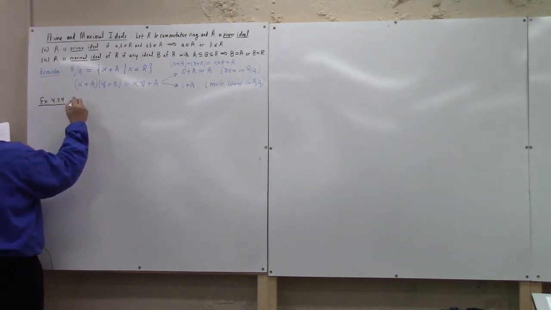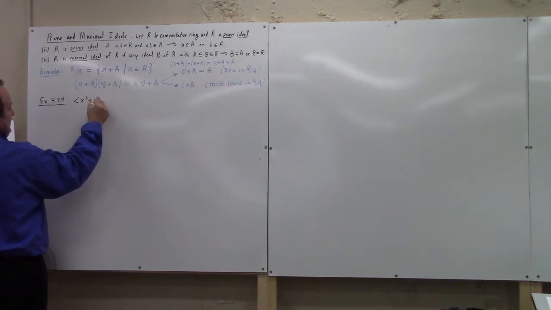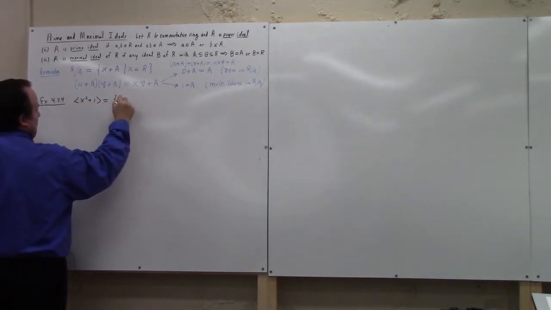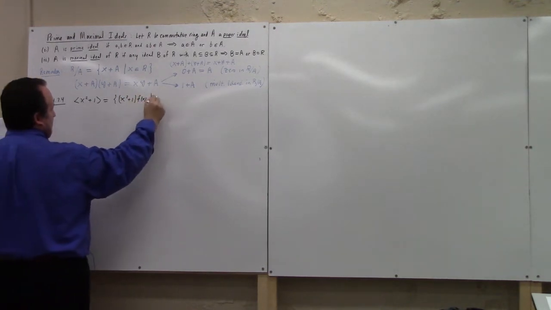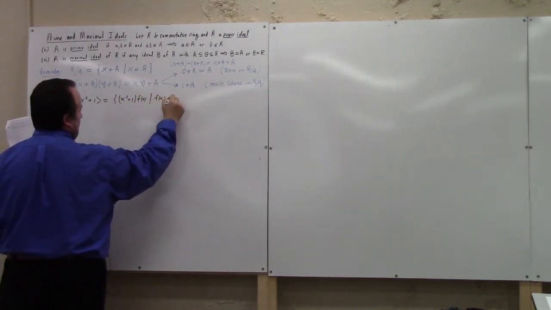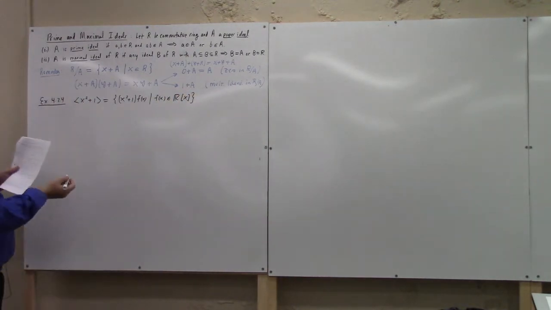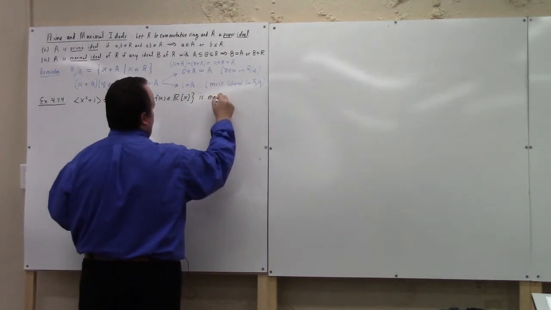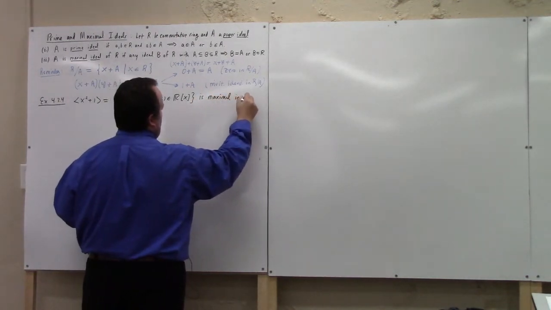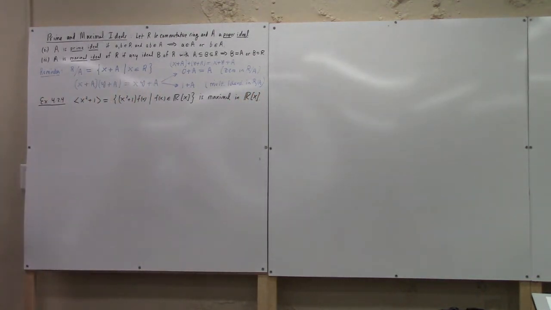My claim is that the ideal generated by x squared plus 1, remember what this means, x squared plus 1 times f of x, such that f of x is a real polynomial, is maximal in the polynomials with real coefficients. That's my claim.